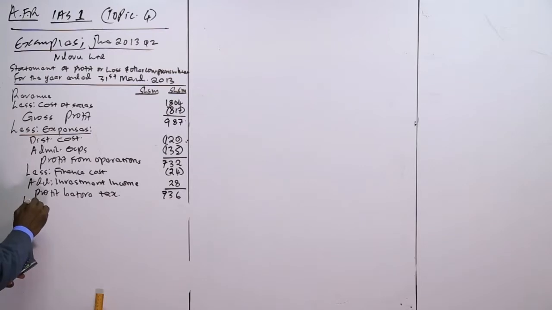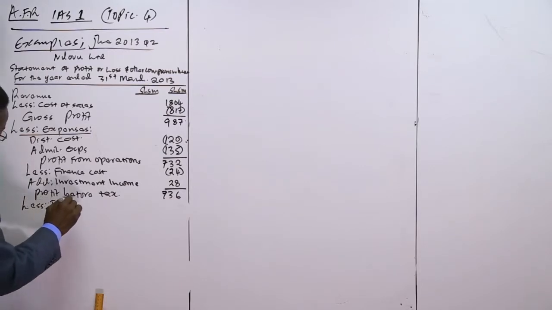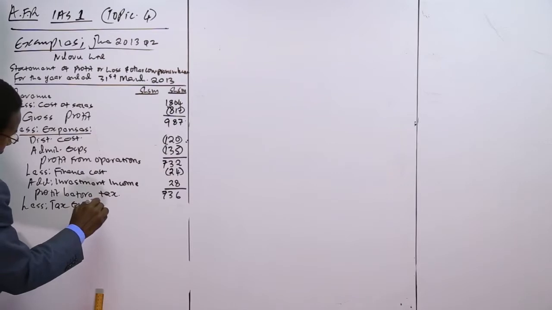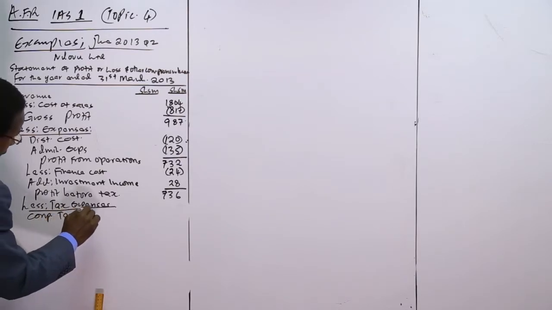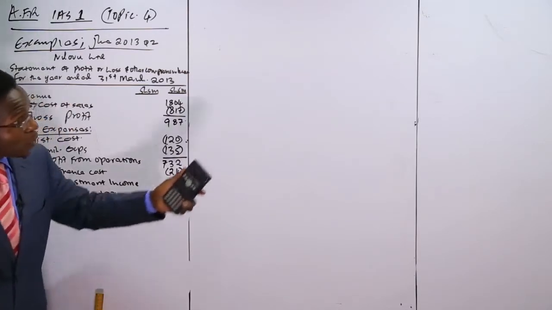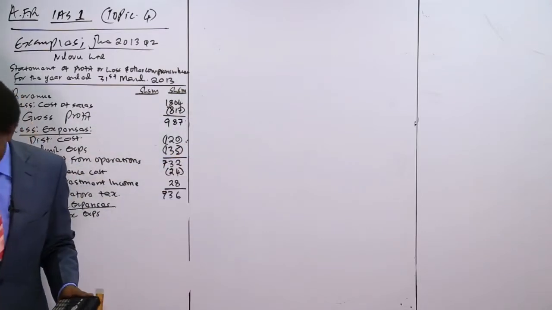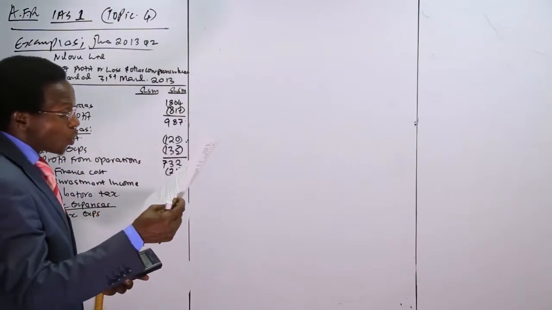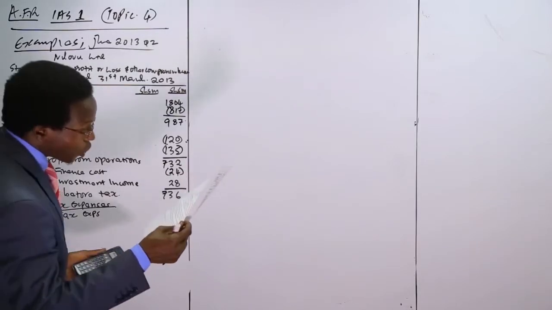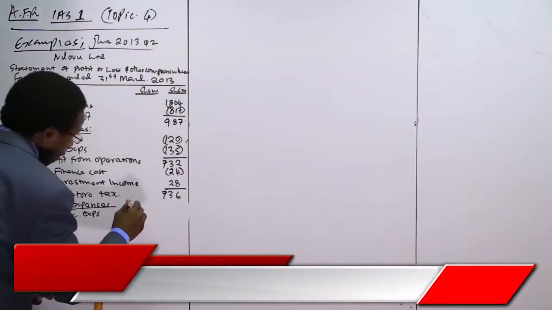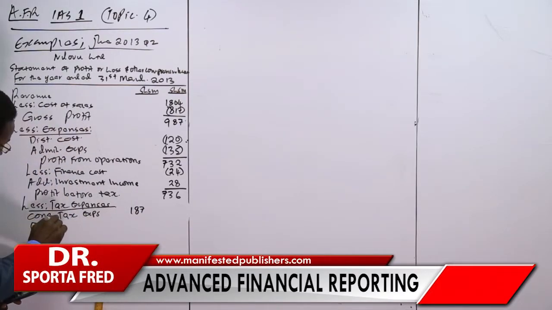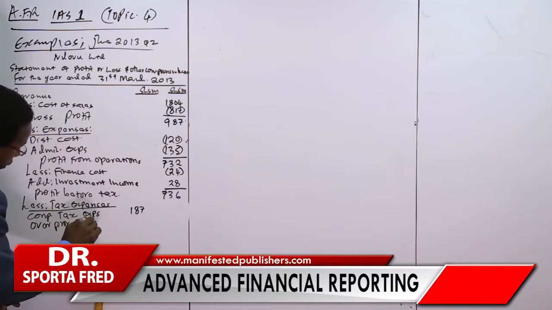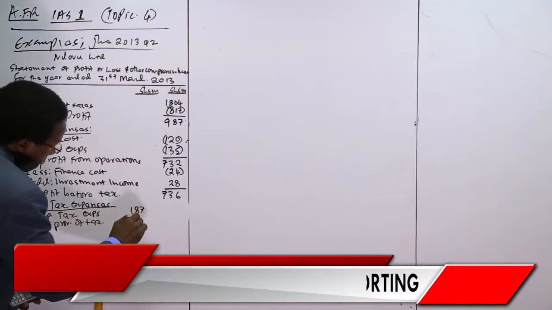Then we less the tax expenses. We had the corporation tax. The corporation tax expense, we didn't summarize it there, but we know we have it in additional information, which was in note number 4, the corporation tax of 187. There was an over provision of tax in previous year, which was 4.